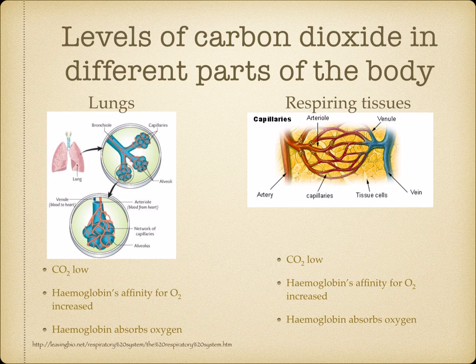At the gaseous exchange surface, for example the alveoli and the capillaries, the level of carbon dioxide is low because it's diffusing across the exchange surface and being expelled from the organism. Hemoglobin's affinity for oxygen is increased. Coupled with the high concentration of oxygen in the lungs, this means that oxygen is readily absorbed by the hemoglobin.